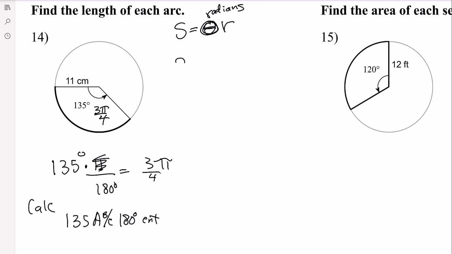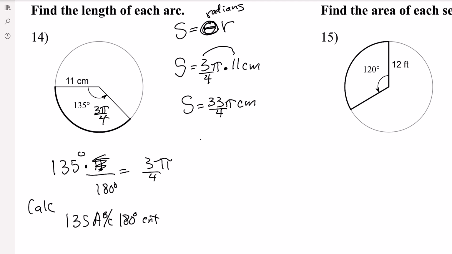So now this arc length is 3/4 pi times 11 centimeters. Since 11 is prime, it won't cancel with 4. We just multiply 3 times 11, which is 33. That's going to be over 4 pi centimeters.